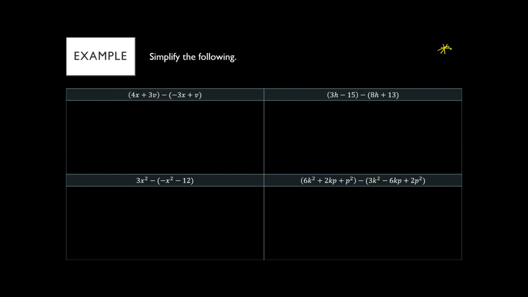So these problems, if we look at the first one on the left, we've got 4x plus 3v minus, and then in parentheses, a negative 3x plus v. So the first set of parentheses we don't need because there's no number or negative in front of it. The second set we do need. So I'm going to rewrite this as 4x plus 3v, and then I'm going to take that subtraction and write it as adding a negative.